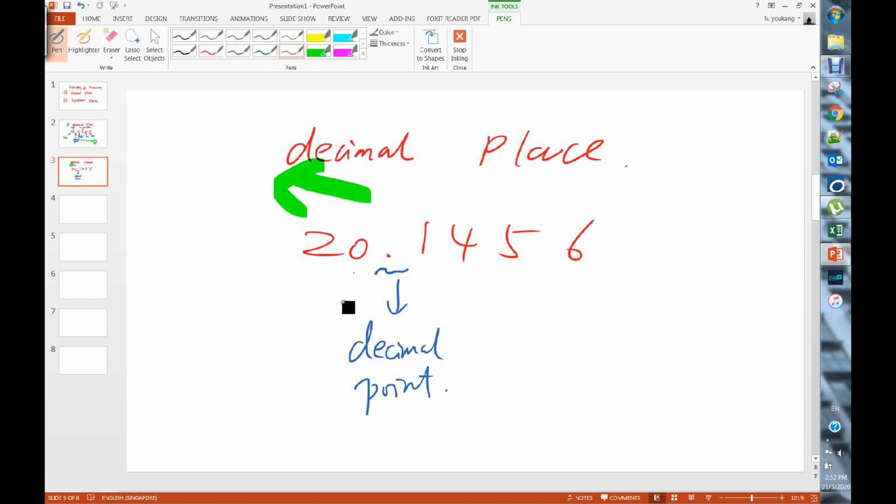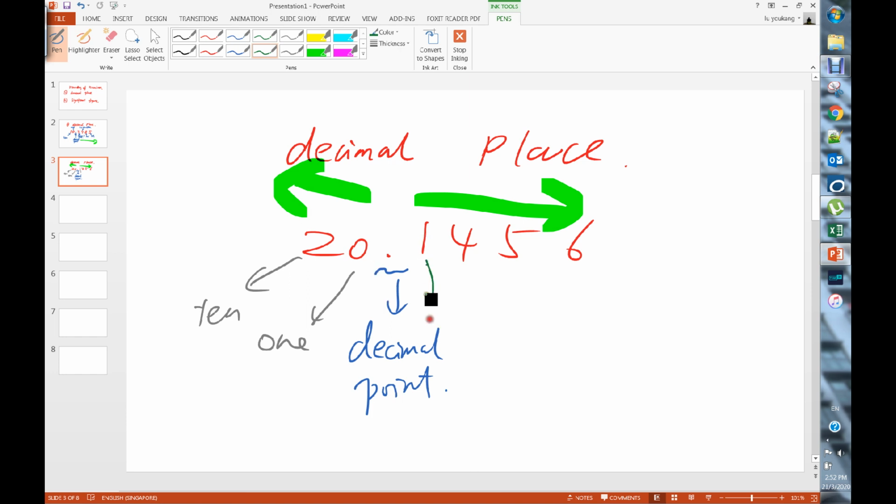This is your 1, then this is your 10. Now you have already gone to the extreme. Now let's move to the right hand side of the decimal point. If the decimal point starts here, this will be your first, second, third, and fourth.